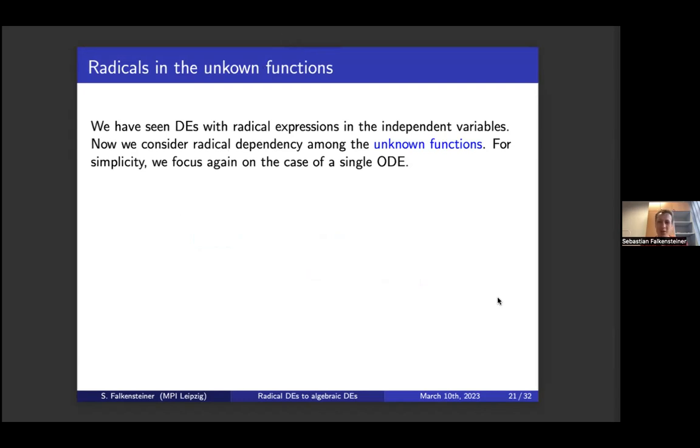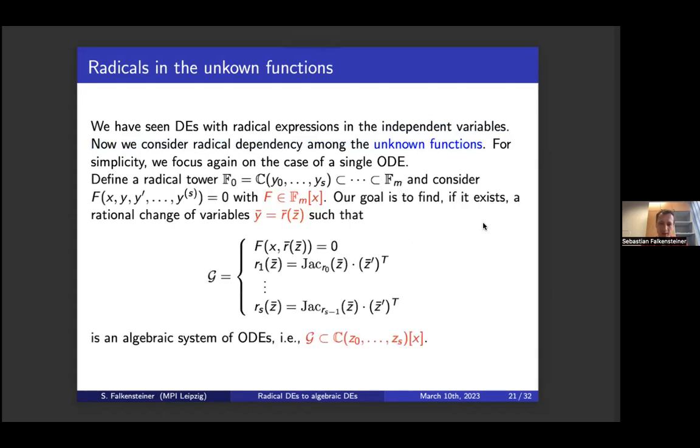Okay, so now we move to radical expressions in the independent variables and the y's. Everything can be done again for systems and PDEs, but we will stay with one single differential equation, which is given. So this is the F again.